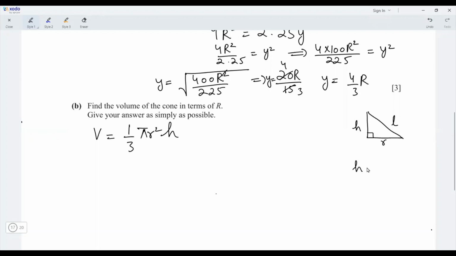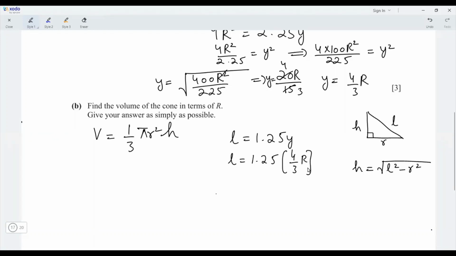So h is, by Pythagoras theorem, equal to the square root of L squared minus r squared. So what is L in terms of R? We can say that L equals 1.25 times y. Replacing the value of y here, L equals 1.25 times 4 by 3 R. So we have shifted L in terms of R.